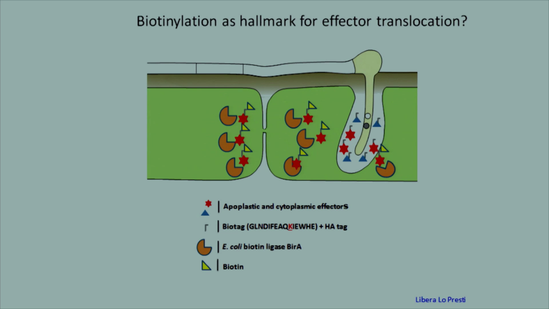And then you have a plant which expresses the E. coli biotin ligase. And if the effector is translocated to the plant, it should be biotinylated. If the effector stays here in the apoplast, it should not get in contact with the plant. So that was the idea.